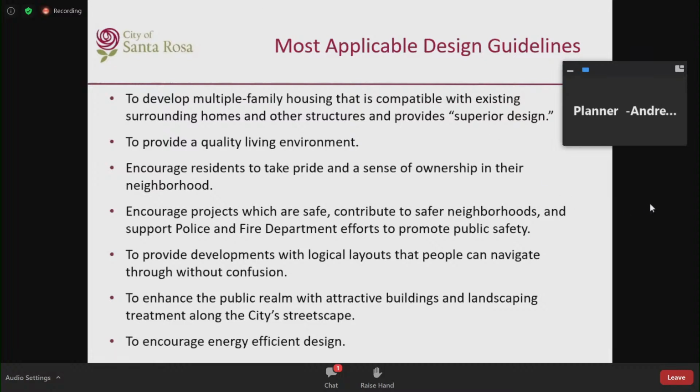The project development should have a logical layout that people can easily navigate, and the project should contribute to the public realm in relationship to the street frontage, as well as by providing attractive buildings and landscape treatment at that street frontage. Also, projects should encourage energy efficient design. Next slide, please.